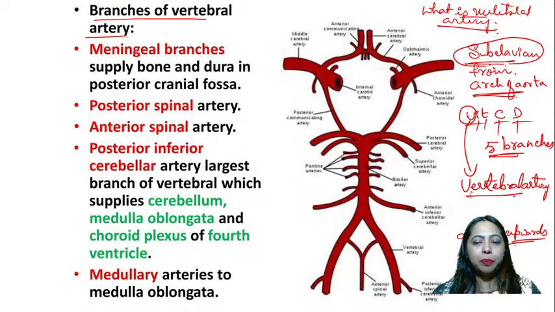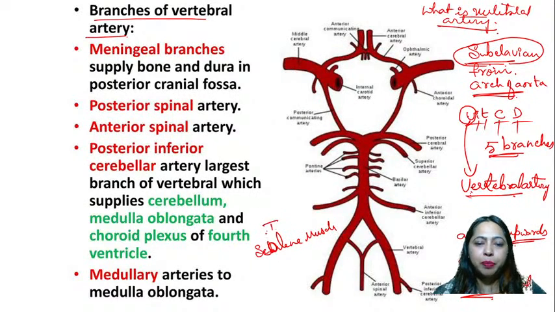The third part lies in the suboccipital region, just before it enters the foramen magnum. The first portion is almost near the scalene muscle. That is the first part.